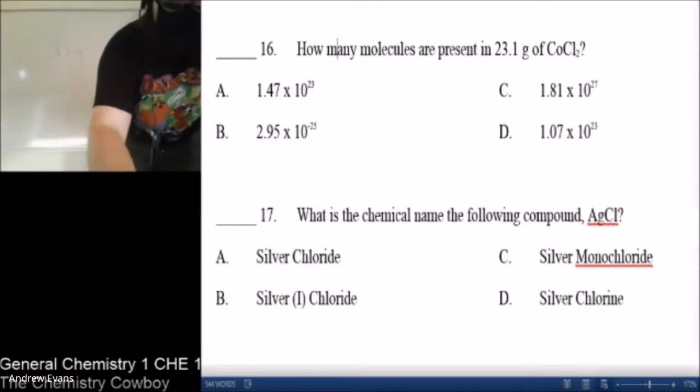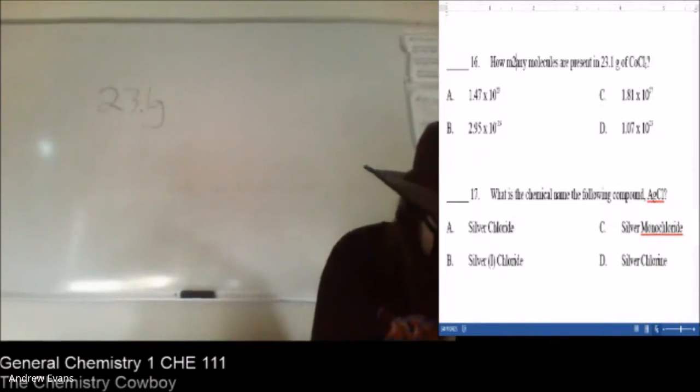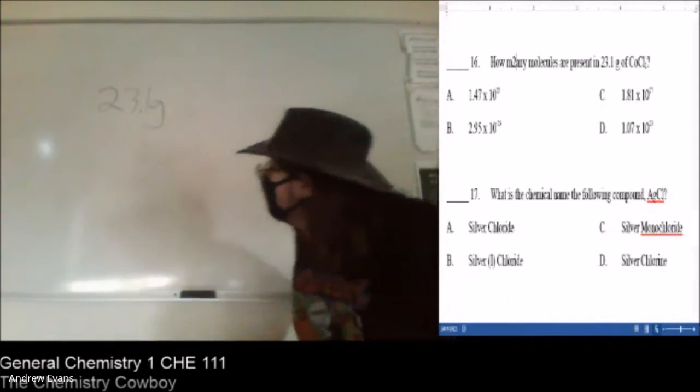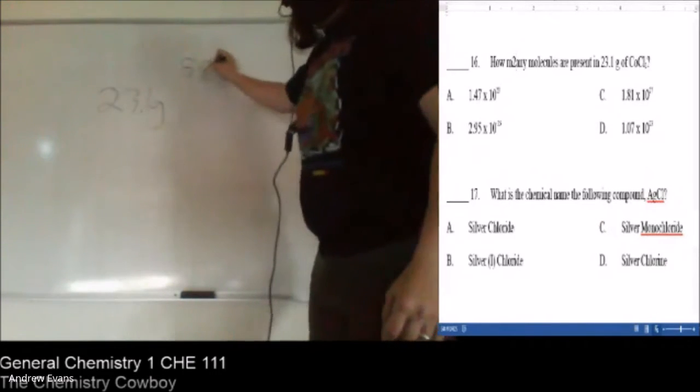Okay. So the next thing we need to do is find the molar mass of cobalt chloride. Cobalt is 58.9.